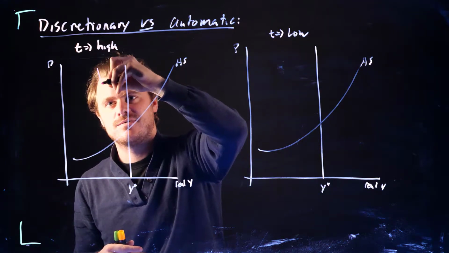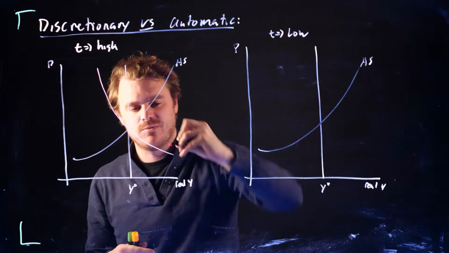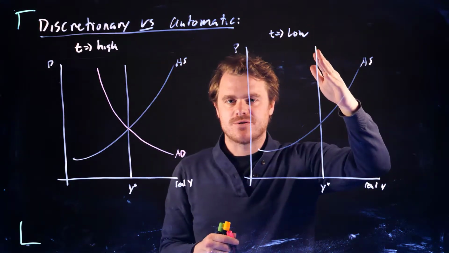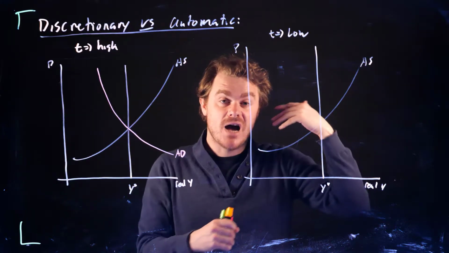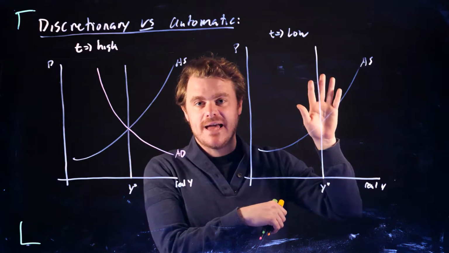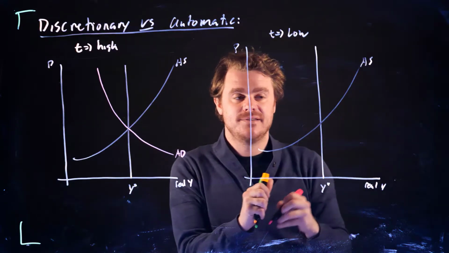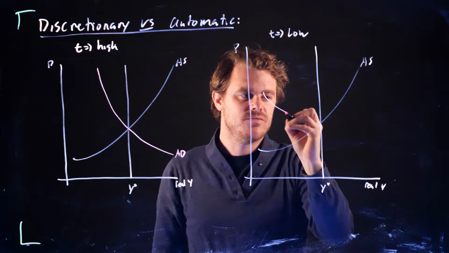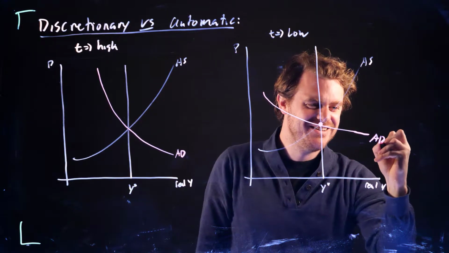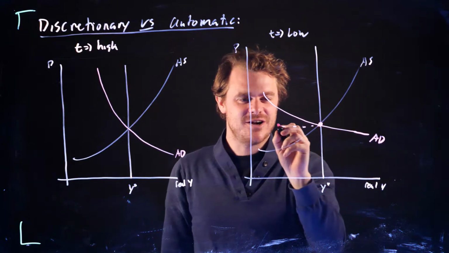So the AD curve for this economy is going to be relatively steep. If we have a low tax rate, we have a high z, or marginal propensity to spend, which means a steep AE curve and a relatively flat AD curve. Let's pretend that goes right through there. All right, so there's our AD curve.